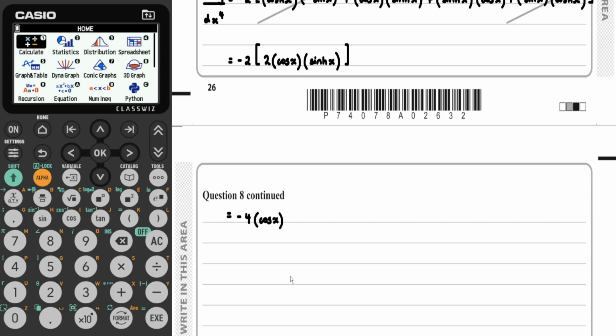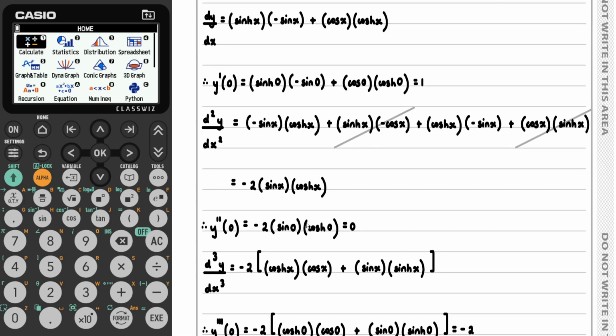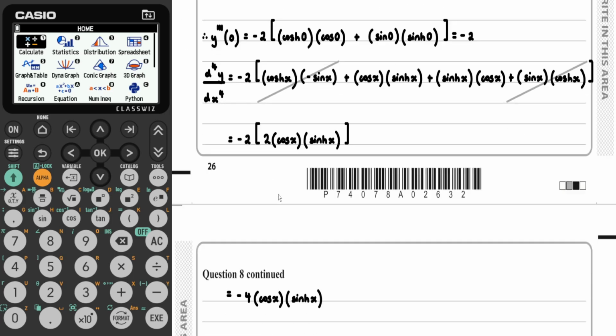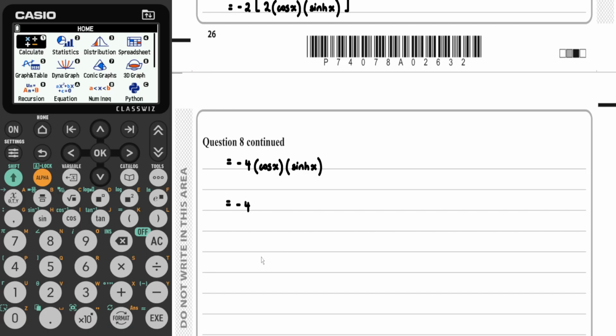So I've got negative 4 times cos x times hyperbolic sin x, and cos x times hyperbolic sin x, that is what y is. So I've got negative 4y.